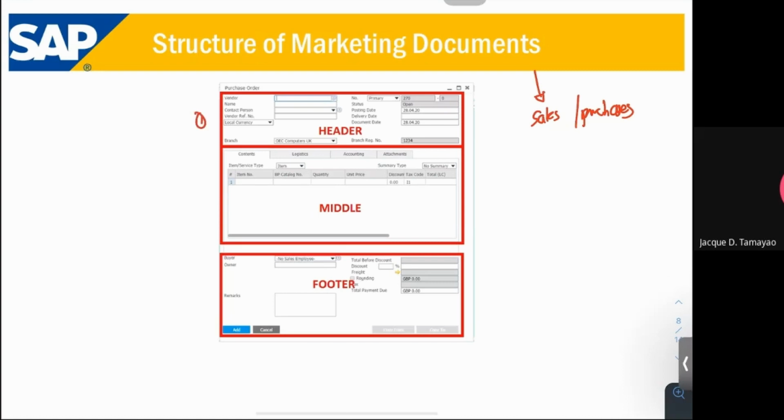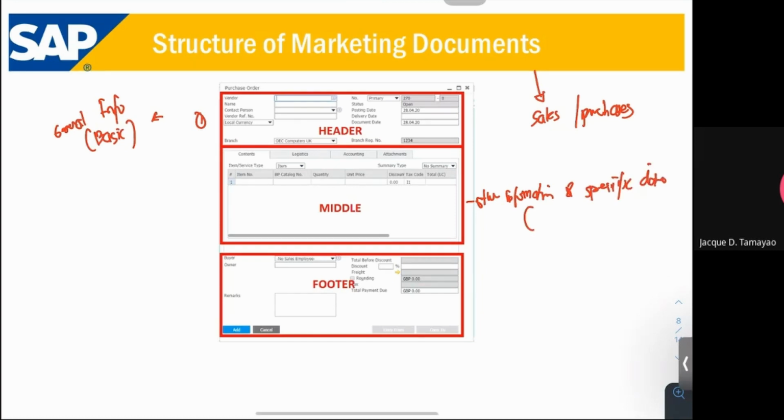So the first part is your header. Your header part, again, contains your general info, particularly your basic info. The middle part contains other information and specific data.